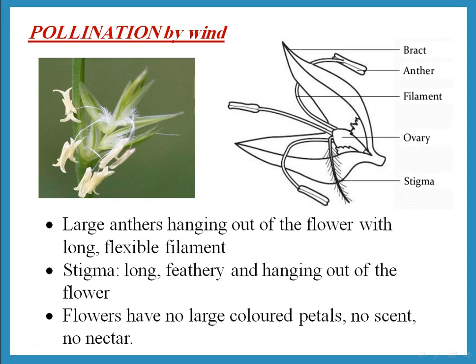So how is this flower adapted to pollination by wind? It has large anthers hanging out to expose the pollen grains to the wind. It has long feathery stigma hanging out in order to catch the pollen grains from the wind. So this is a flower that is pollinated by wind.